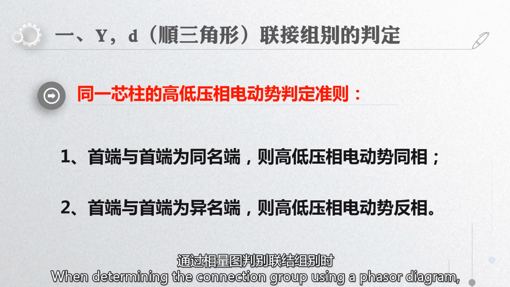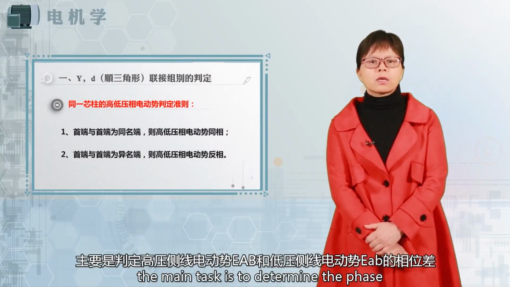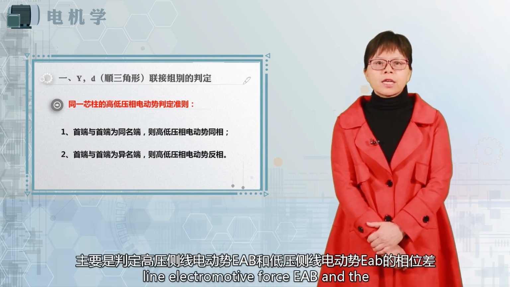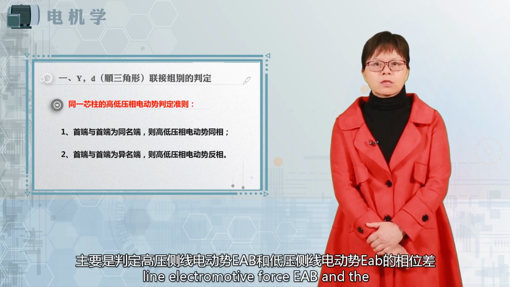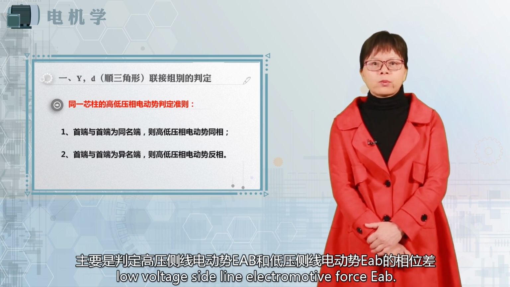When determining the connection group using a phasor diagram, the main task is to determine the phase difference between the high voltage side line electromotive force EAB and the low voltage side line electromotive force EAB.